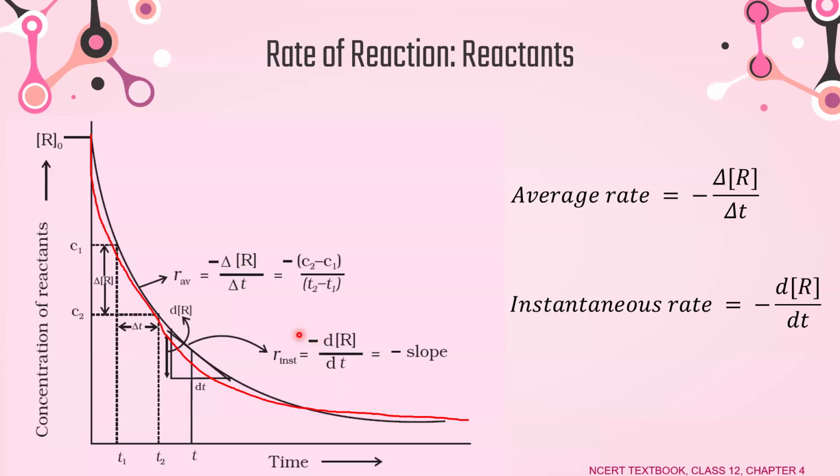And this is also going to have a negative value, which is mathematically represented by the negative of the slope. The tangent is formed over here and its value is going to be equal to the slope. So this was about the average rate and instantaneous rate.